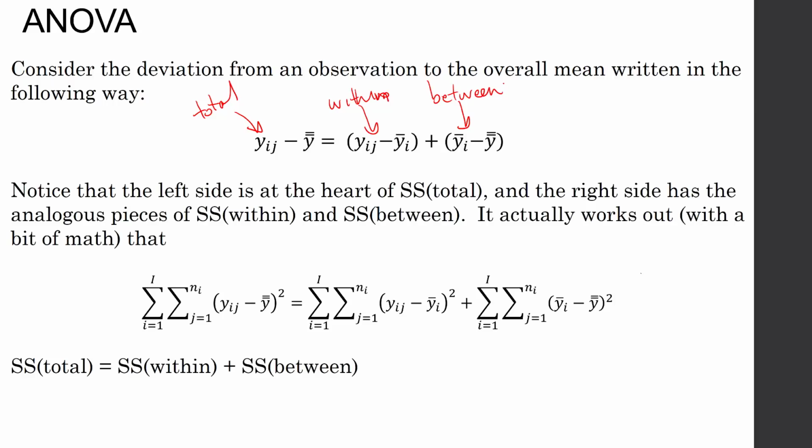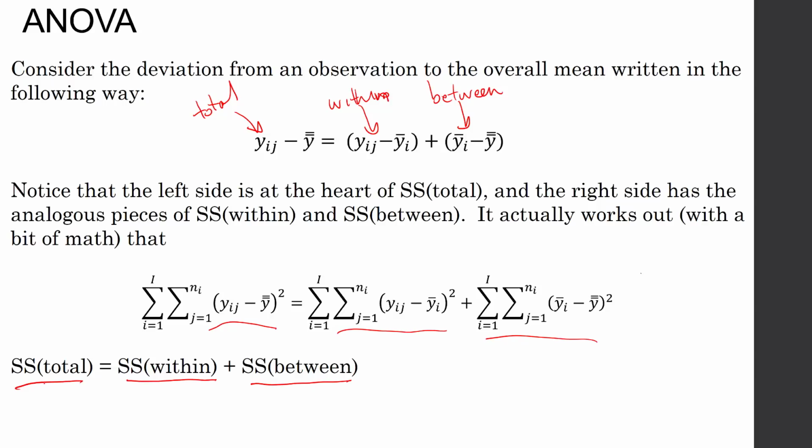And it actually works out that when you sum over all of the observations and all of the groups and square each of these deviations, the sum of squares within plus the sum of squares between actually equals the sum of squares total. So this breakdown of the variability in the y's according to these different components is at the heart of how we do the ANOVA.